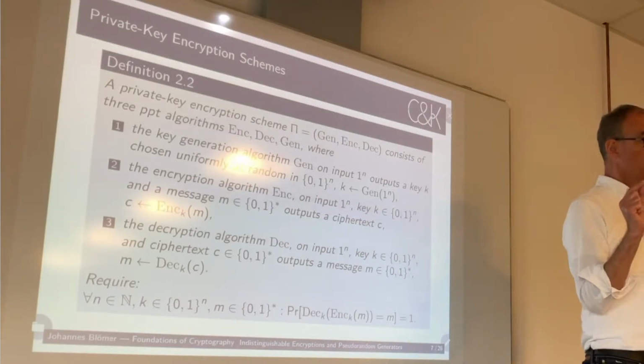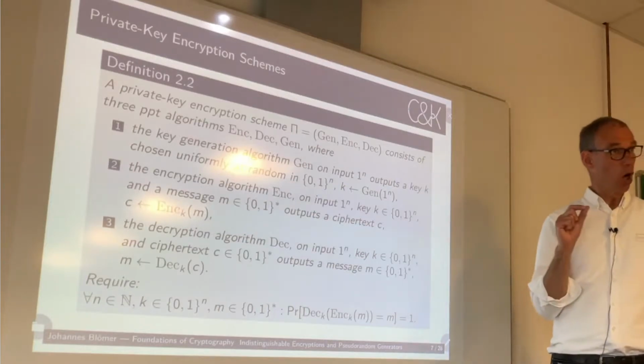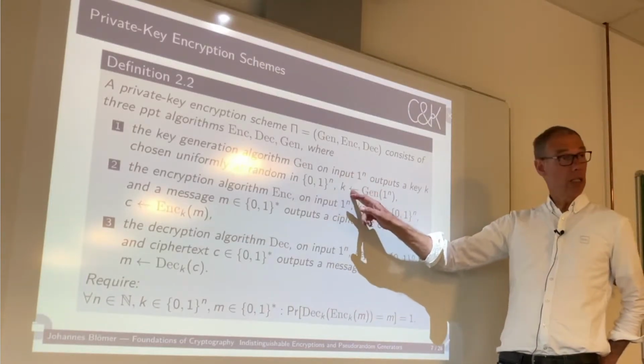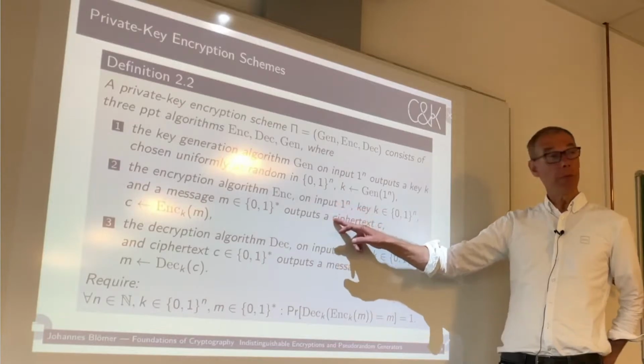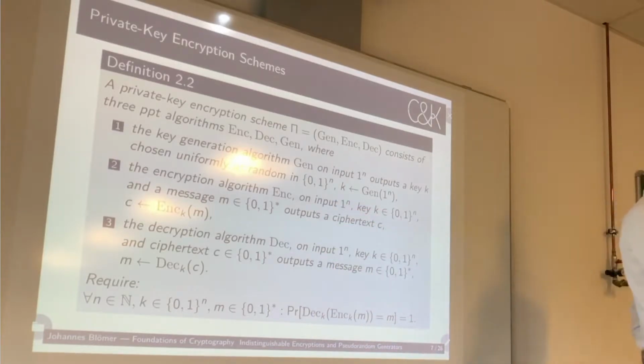The probability is over the random choices of the key, but also, because the encryption and decryption algorithms may use random coins, over their internal randomness.